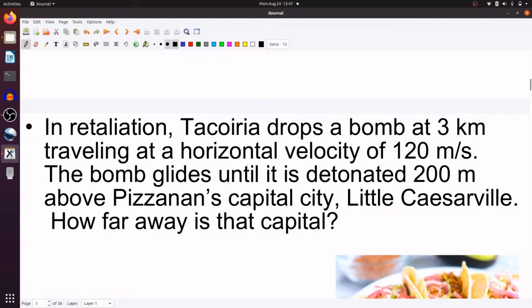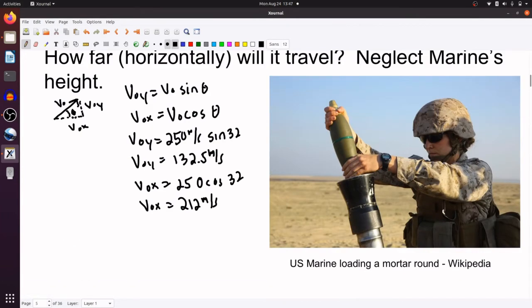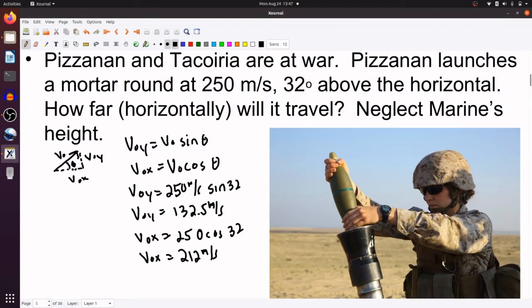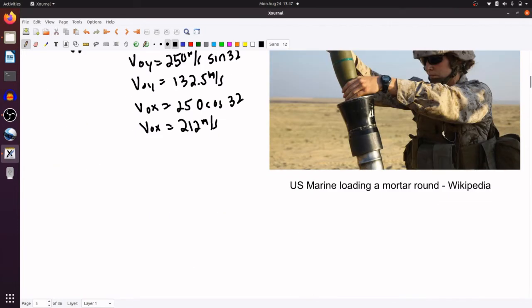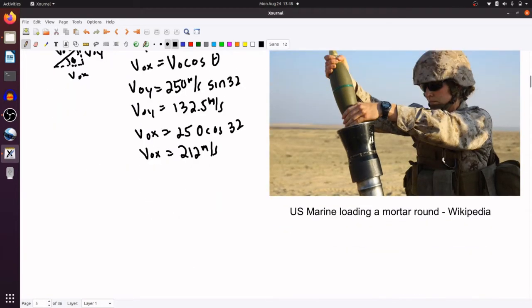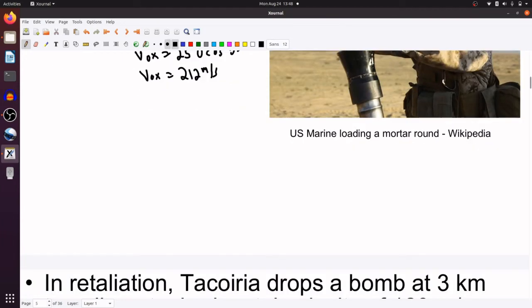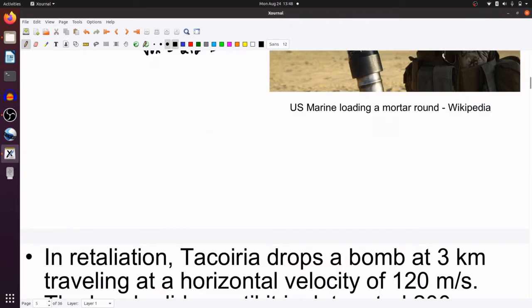Did I leave myself room? No, guess not. Okay. So I want to figure out how far horizontally it's going to travel. There's a lot of different ways I can do this. I think I'm going to do this the long way the first time, and we'll leave a shorter way in a little bit. So, going back up to my picture, well, redrawing it.